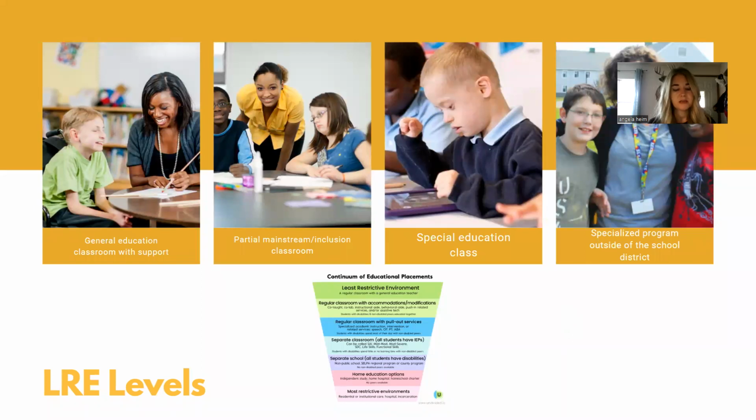But different needs mean different levels of LRE. And here are just a few ways that it can vary from student to student and how it can relate to the models of delivery.